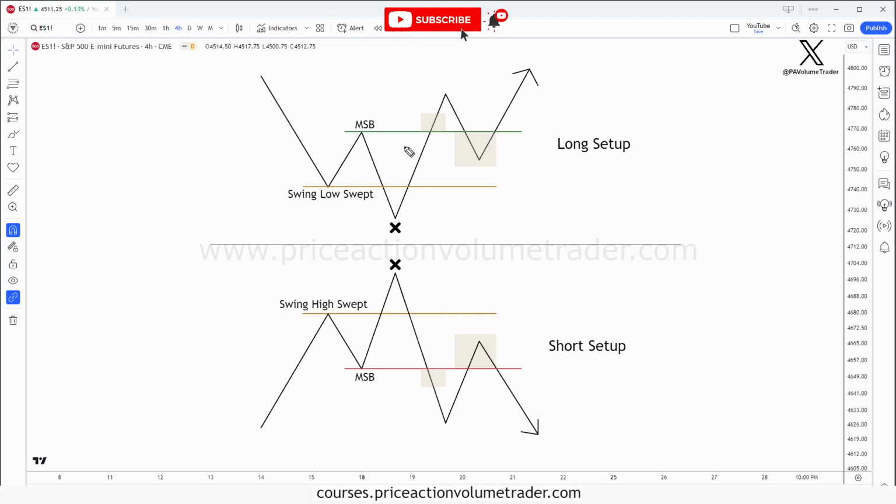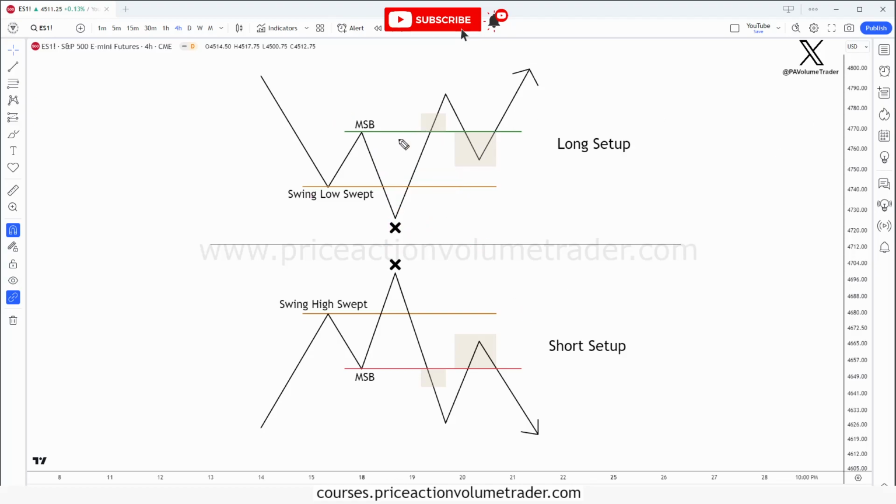Usually what we're going to see here is just a wick and a close back above, because if we have a solid candle through this, for me, this is basically a sign of continuation, because we're just making a new lower low, and I think the trend is just going to continue downward.